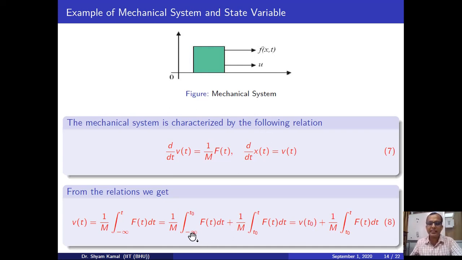And again you can see that I have broken this integration from minus infinity to t0, and I have already told you that because I started this experiment at t0, it is very difficult to know information from minus infinity to t0. So I am going to summarize that part, and that is nothing but the initial condition, that is v(t0).